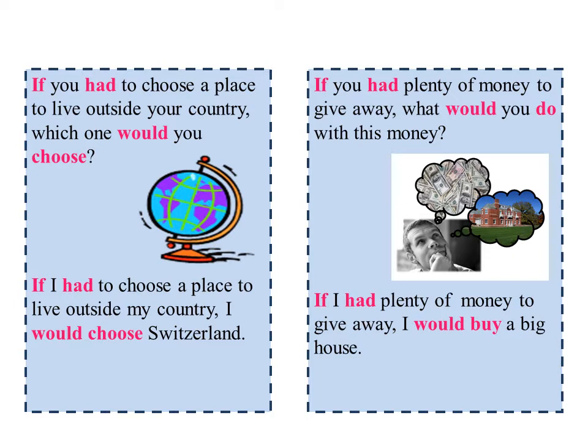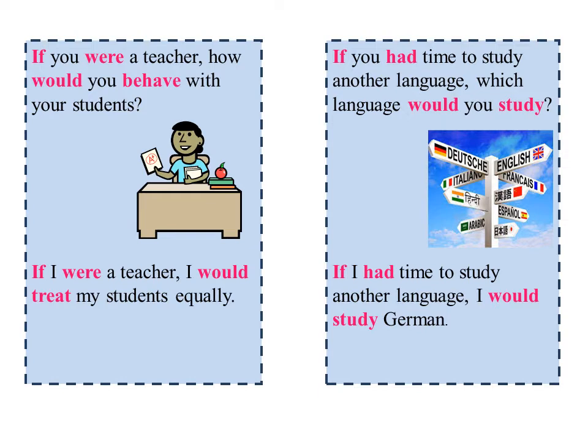Next question. If you had plenty of money to give away, what would you do with this money? If I had plenty of money to give away, I would buy a big house, or I would travel the world. I would also buy a car. You're a student.